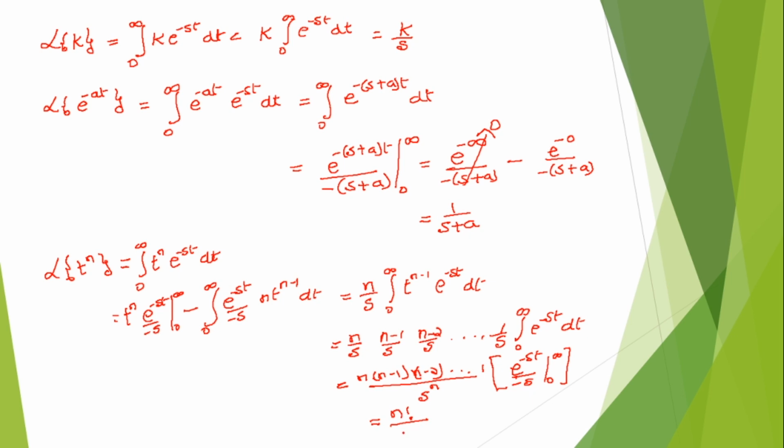Once again s, so it is s to the power n plus 1, which is equal to n factorial divided by s to the power n plus 1. So the Laplace transform of t to the power n is equal to n factorial divided by s to the power n plus 1.